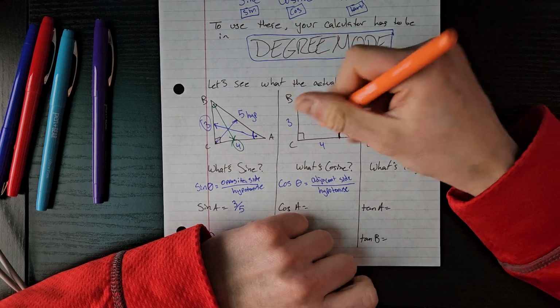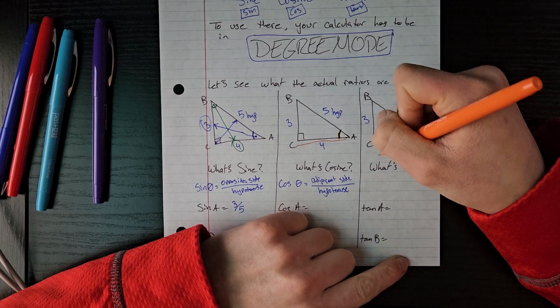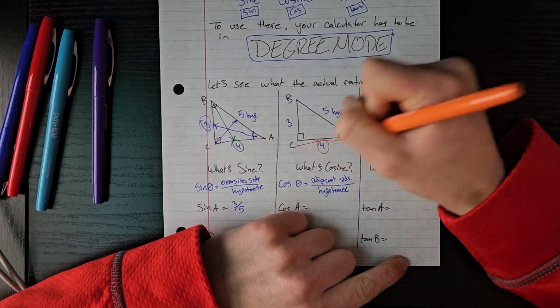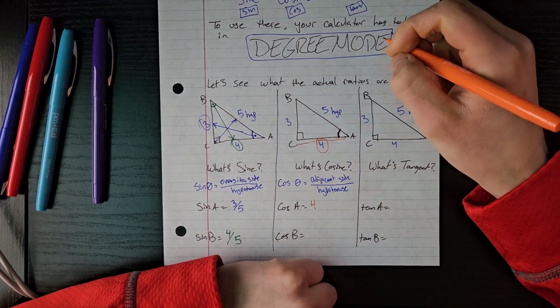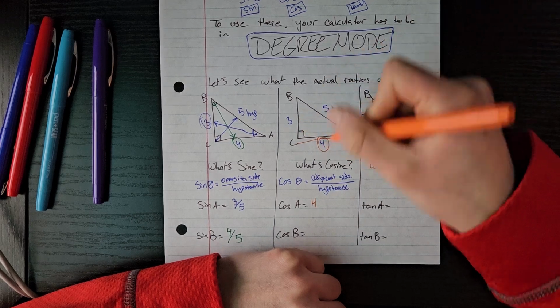The adjacent side would be the other side length. In this case, for angle A, side AC with the length of 4. So 4 will be my adjacent side. Then it's over the hypotenuse, which is 5.